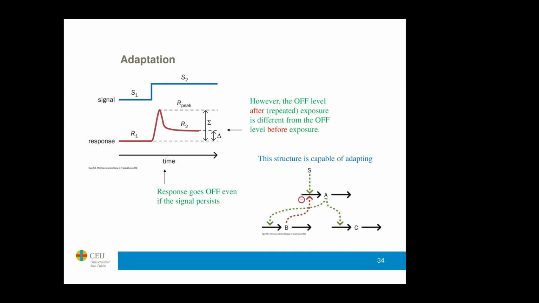But then the activation of B inhibits the activation of A through the signal. So it doesn't matter if the signal stays high because it is partly inhibited by B. So by constructing these circuits, you can adapt, for instance, and make sure that your rest level, your equilibrium state, are different, and you adapt to different signal levels.